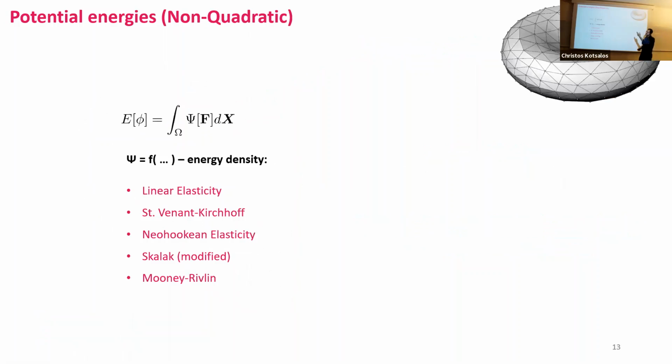Okay, so for the potential energies that are not of a quadratic form, here we are using this formula, which is the potential energy, and this function psi is an energy density function. What I want to say here, I don't go into the details, is that just by choosing the formula of this psi, we can simulate any material that we want. For example, we can simulate linear elasticity, Saint Venant-Kirchhoff material, Neo-Hookean materials, and the Skalak material that we are going to use for the red blood cells, as I have here.